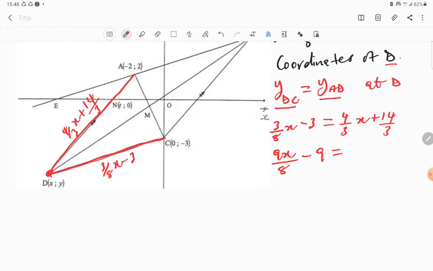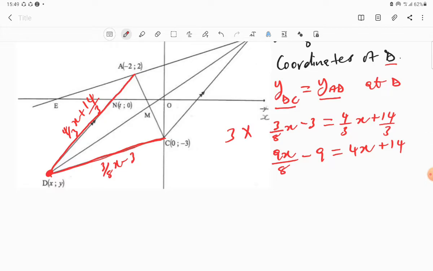This must be equal to 4x, then plus 14. So which means we have just multiplied each and every term there by 3, so that we get rid of this 3 and of that 3. But nonetheless we still have 8 in that way. So let's try to transpose so that we collect the like terms.